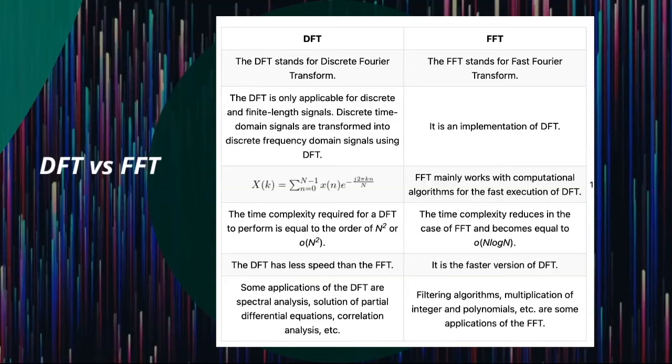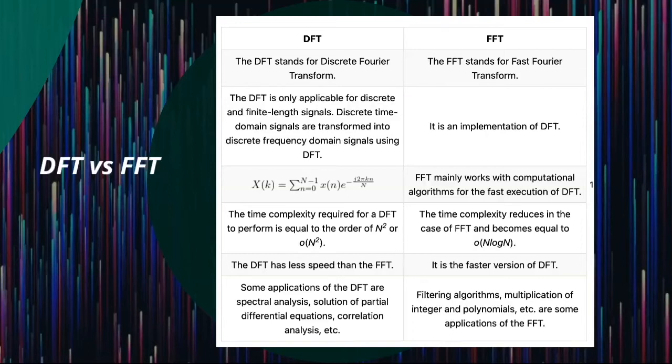The fast Fourier transform is just a modified algorithm which is faster. It does the same task as the discrete Fourier transform, but it takes a much lower number of steps, which makes it faster and able to calculate a huge number of transforms.